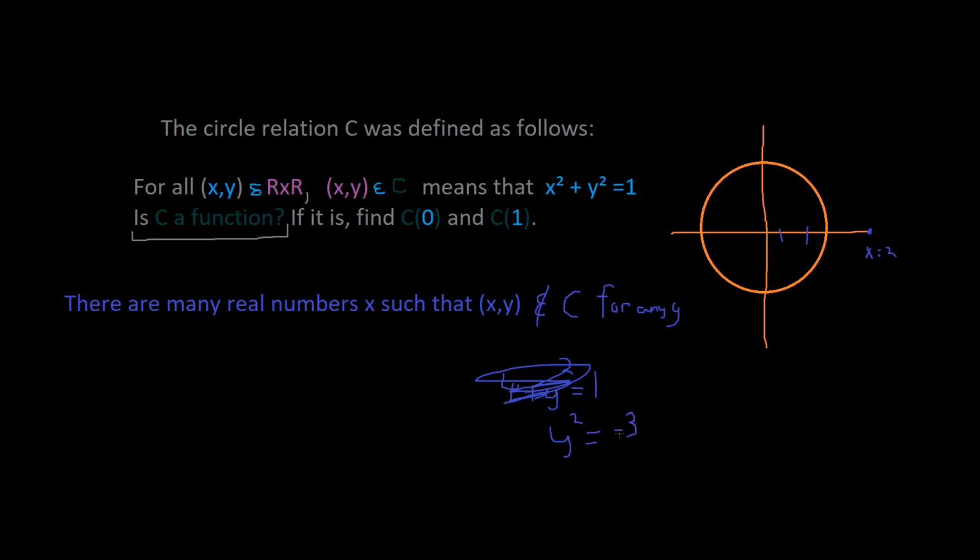And so what do we know? There's no real number y so that this part of the said function is true. This is not true for any real number y, because what happens if we take the root?